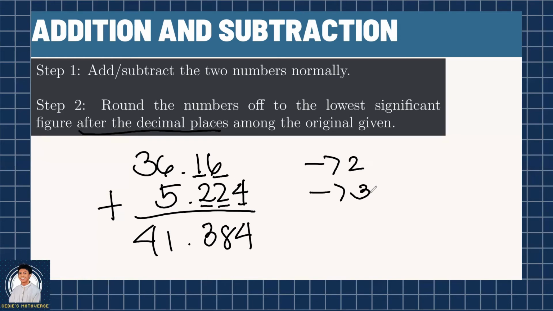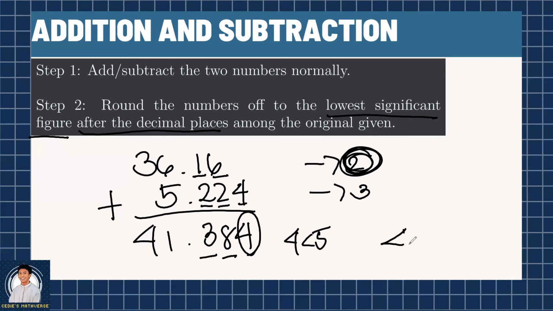Now, we need the lowest significant figure, so we have 2. The lowest number of significant figures is 2, so we will round to 2 significant figures after the decimal places. So, this 4 is less than 5, which means that we will retain our answer, 41.38.